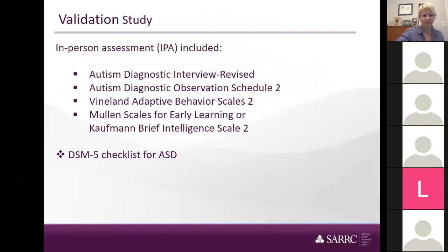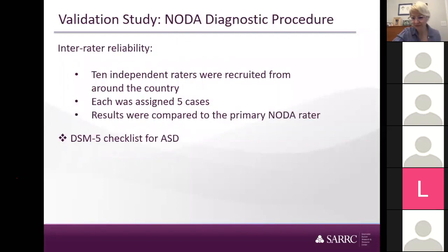And there was a team of diagnostic professionals that worked on the in-person assessment, and then a main clinician who was working on just the Noda video, and they were completely independent. The Noda rater was a psychologist that no longer worked at our site, but we knew had experience diagnosing autism and conducting assessments for autism. But the diagnostic determination was completely independent of each other. And we also collected inter-rater reliability based on Noda.